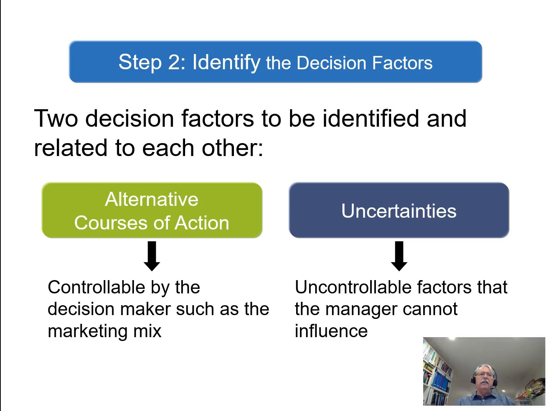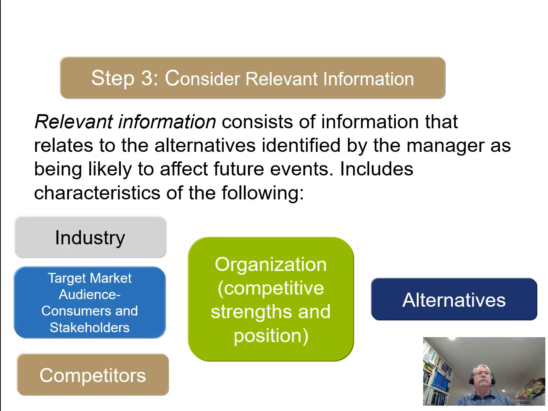One controllable factor is the marketing mix. But out there are also a range of uncertainties, and these are uncontrollable factors that the manager cannot influence, but has to identify and make sure that they can react properly to those uncontrollable factors.